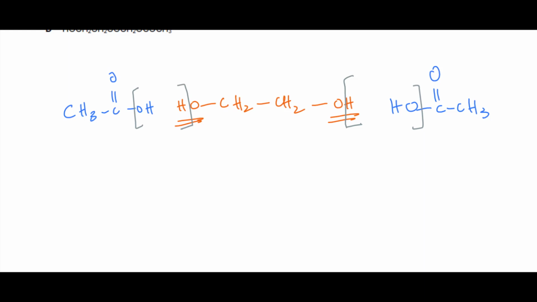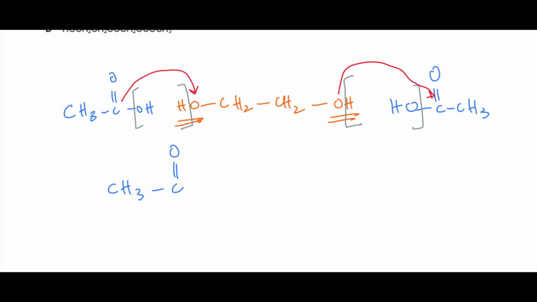And now let's combine the molecules and make the ester. CH3 C double bond O, and this carbon links with this oxygen, and this oxygen gets linked to this carbon.